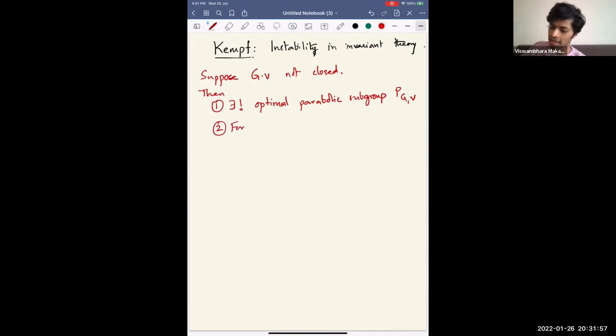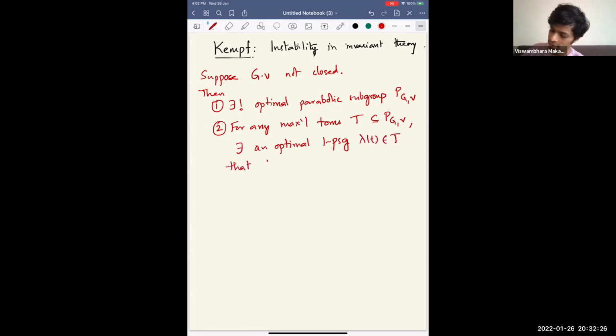And he tells you for any maximal torus sitting inside this parabolic, again, these sound like big things, but they're very, very concrete at the end of the day, there exists an optimal one parameter subgroup, lambda of t, inside this torus that drives v out of the orbit.